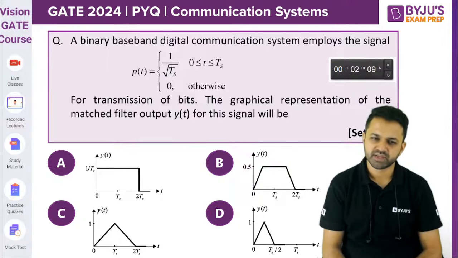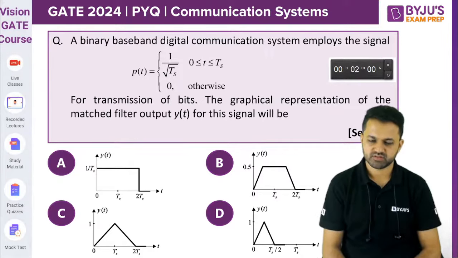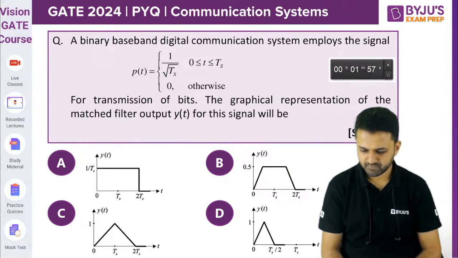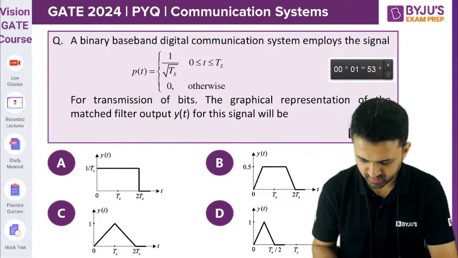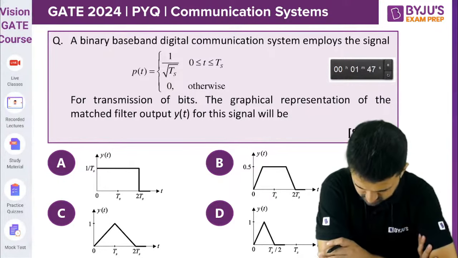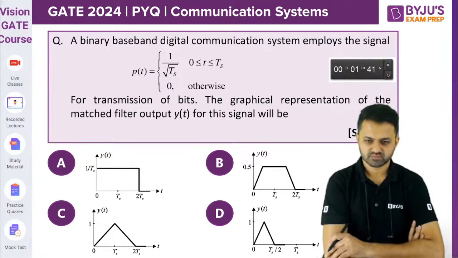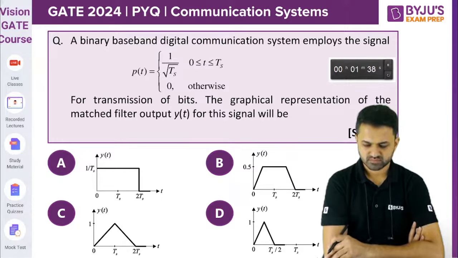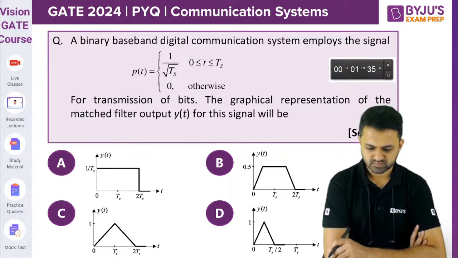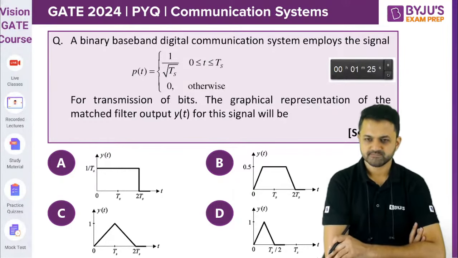The graphical representation of the matched filter output Y of t for this signal will be? What is the output? One and a half minutes left.